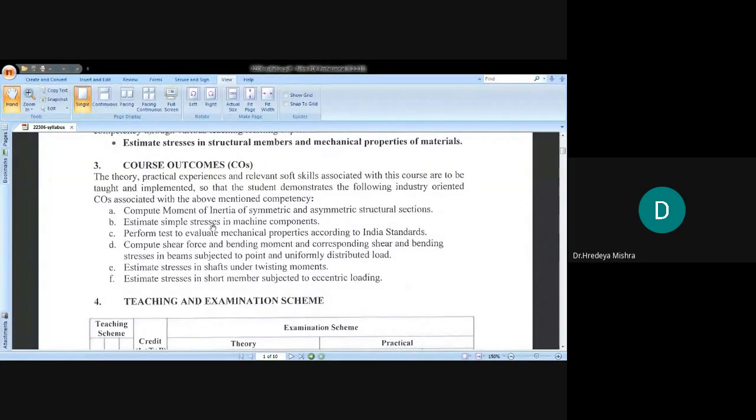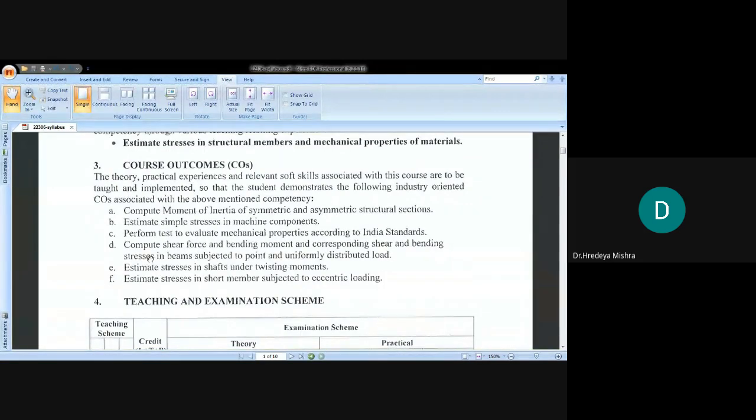Second, estimate simple stresses in machine components, which means we calculate the simple stresses for the different types of machine components. Third, perform tests to evaluate the mechanical properties of machine materials according to the Indian standards.